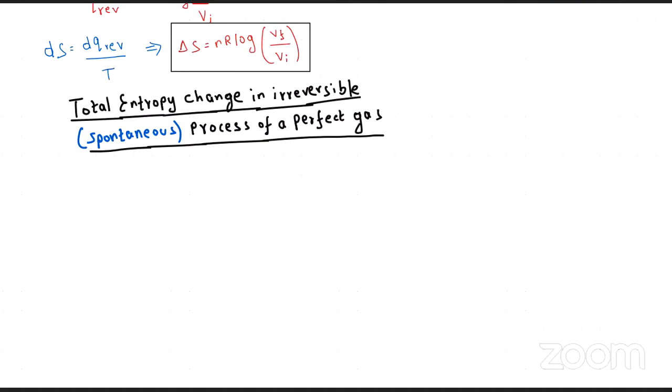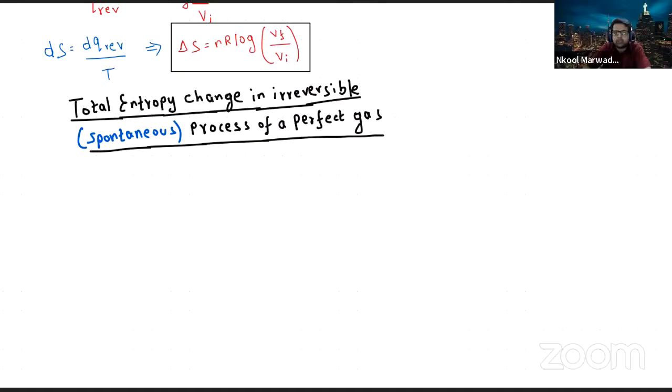Whenever we are talking about an irreversible process, free expansion is a very good example, and we have already seen that when we were discussing the first law of thermodynamics.